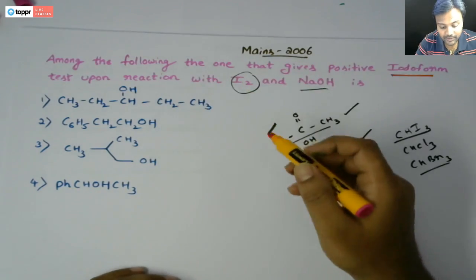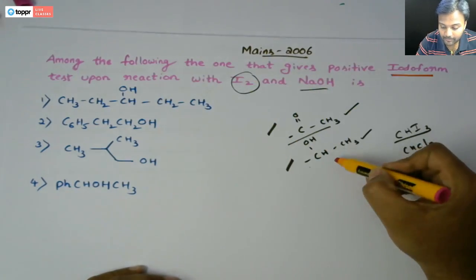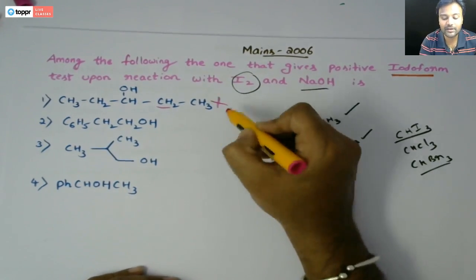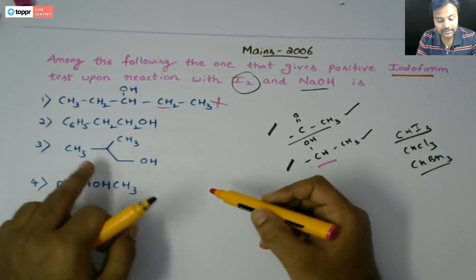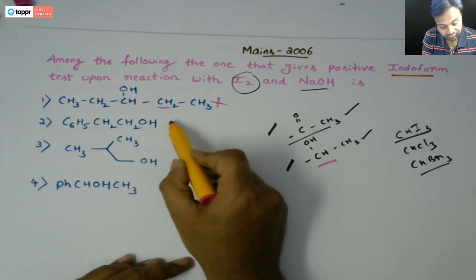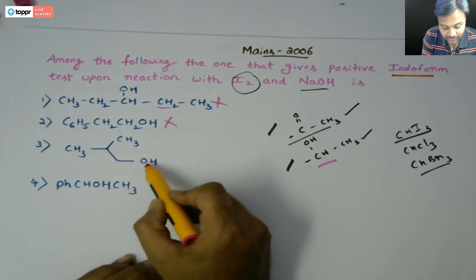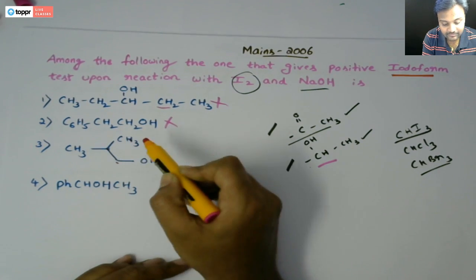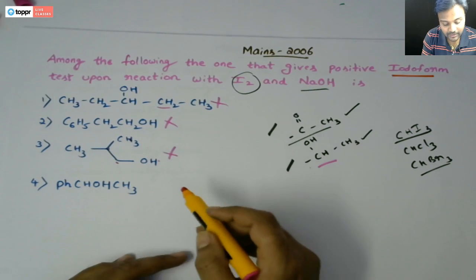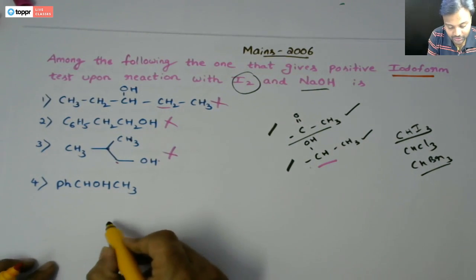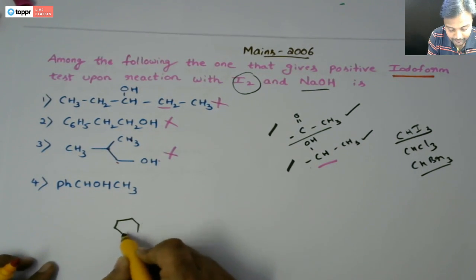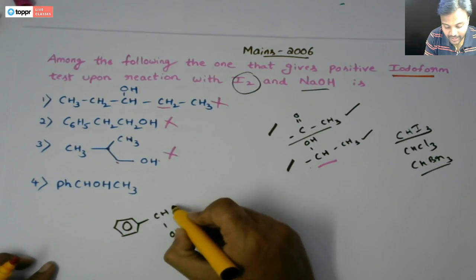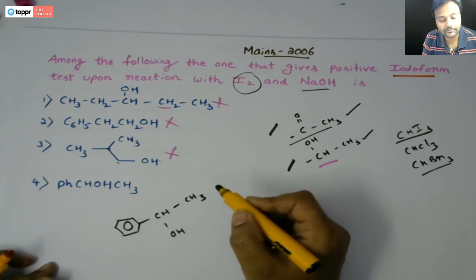The first one has CHOH, but not CH3. It is CH2. No, this will not give it. In the second one you have CH2OH. Yes, here you have CHOH, but again it's not directly CH3. No. Here you see, I'll write the structure again for you. Ph means phenyl, then you have CH, OH, then CH3.